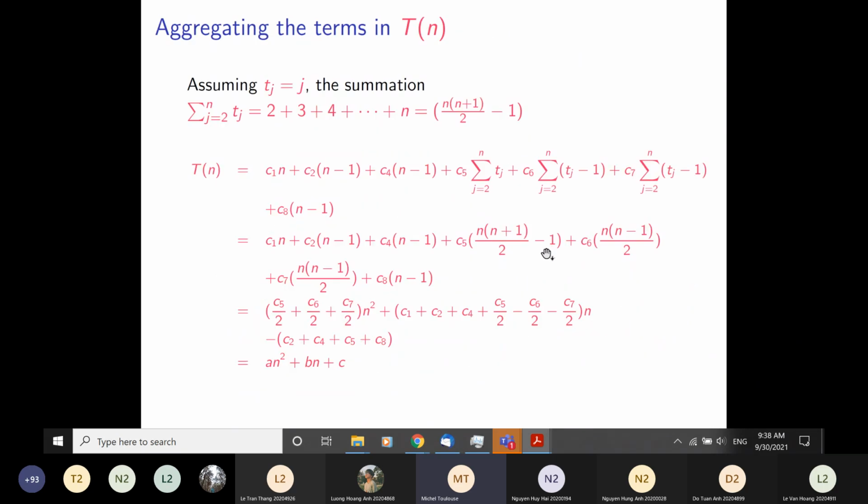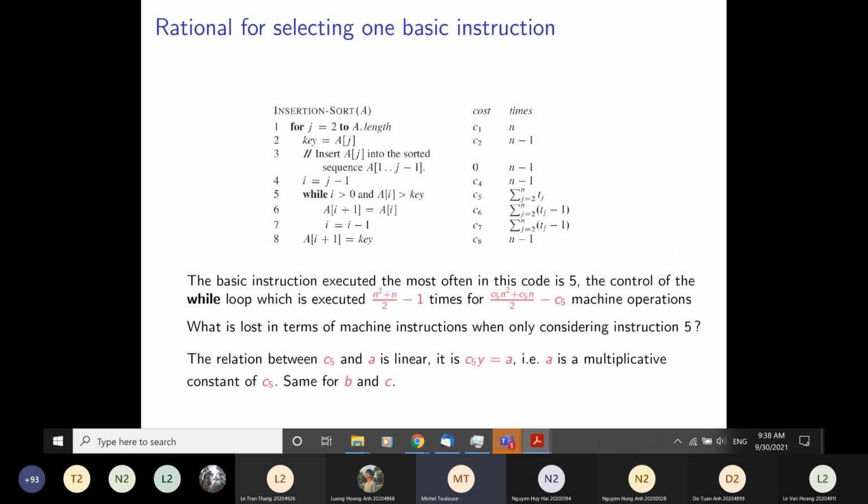Minus 1. Okay, I forgot a little bit, but it's not important. So forget about this minus c5. We have this number of machine instructions that are executed: n squared plus n over 2 is the number of times this instruction is executed, and this is the number of machine instructions executed.